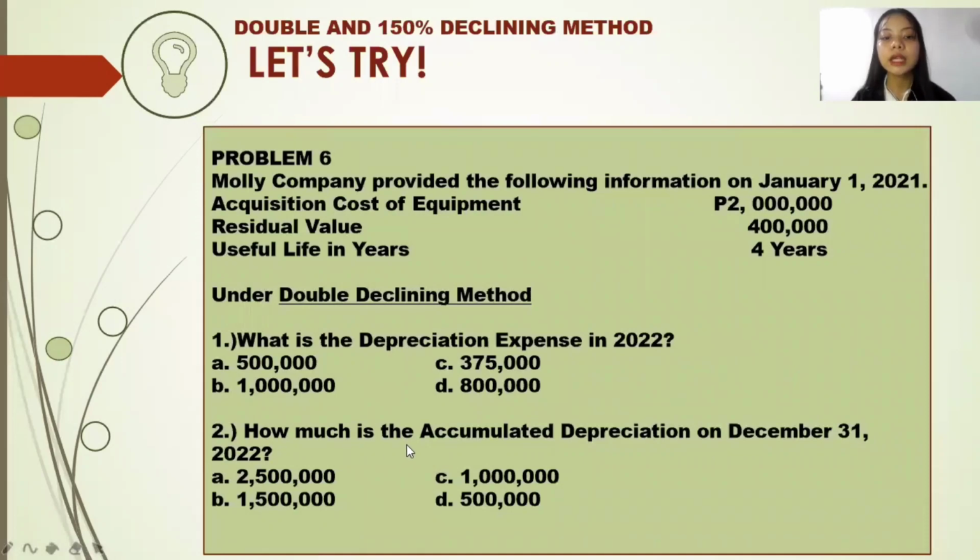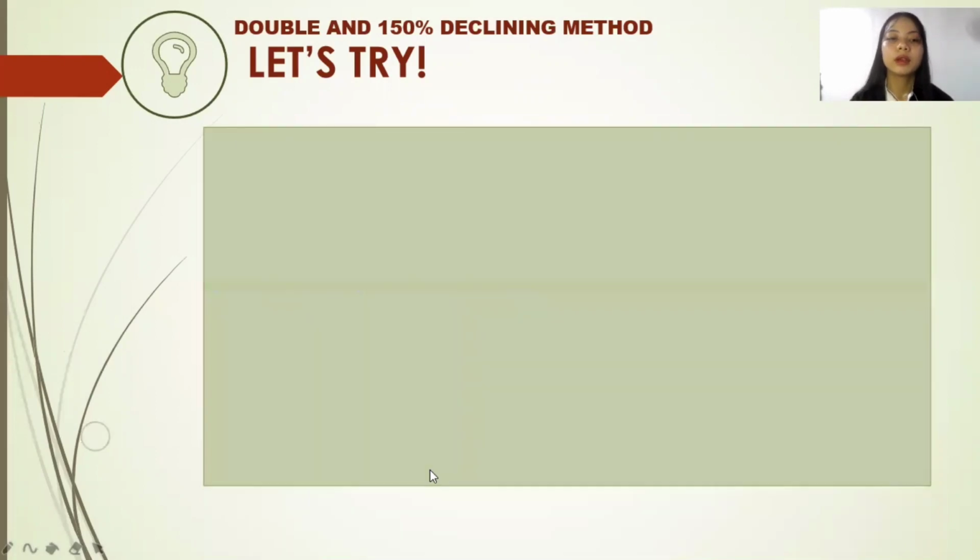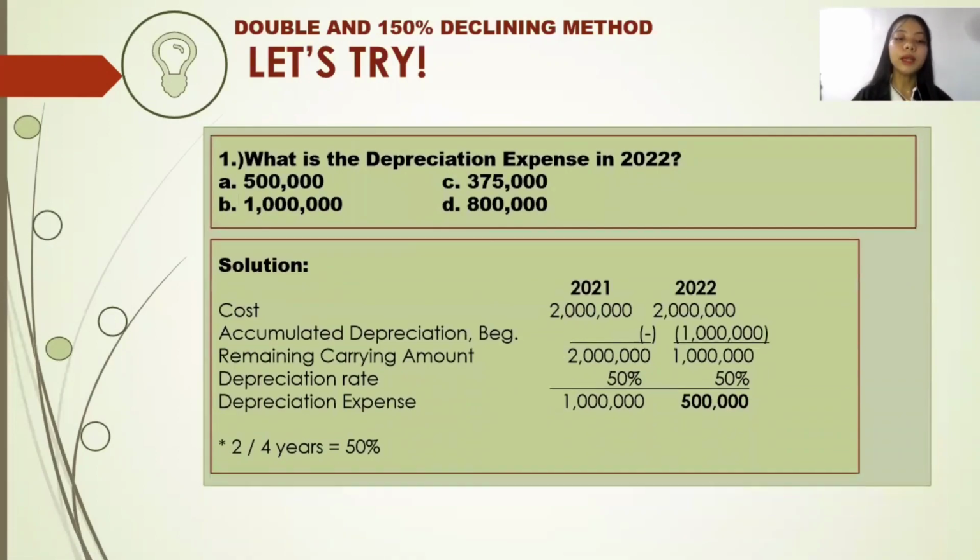Number 2, how much is the accumulated depreciation on December 31, 2022? Ang formula natin: cost less accumulated depreciation beginning equals remaining carrying amount, times depreciation rate, makukuha na natin yung depreciation expense.